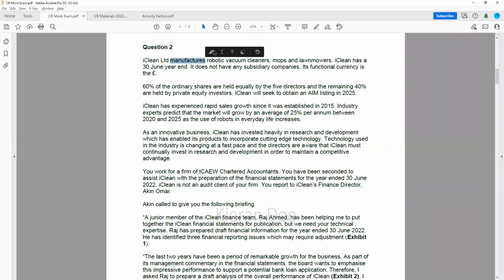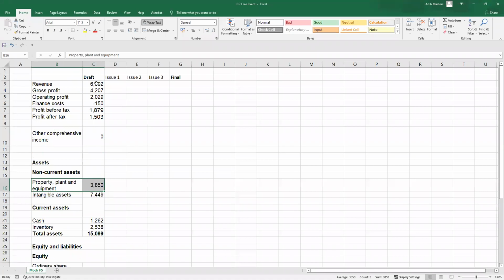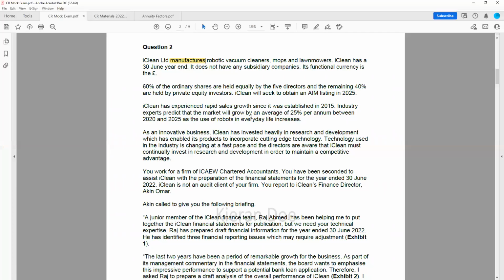So it's a manufacturer, and therefore you'd probably expect on the financial statements that it'd have quite a bit of PPE, because it's going to have some plant and equipment, and we can see that there. You can, of course, see it's been a profitable business as well. So 30th of June year end, as we already knew, because we know what date we're drafting the financial statements to.